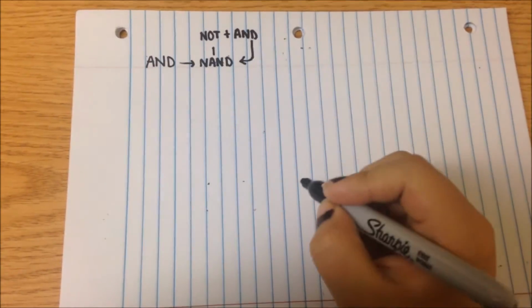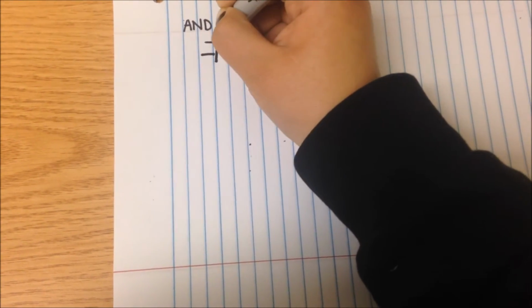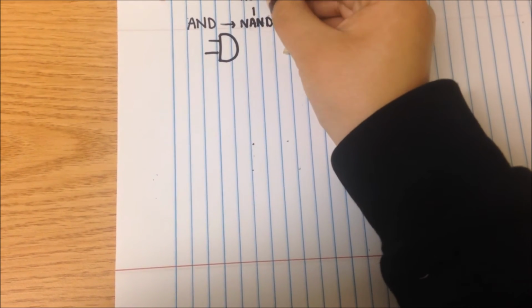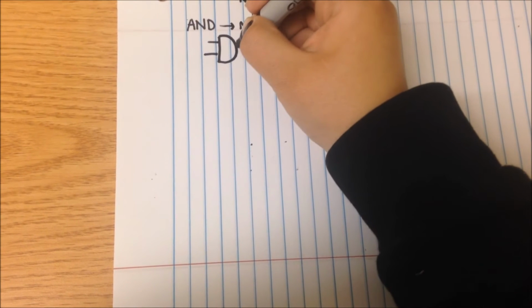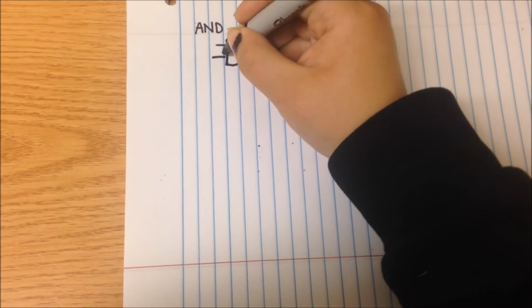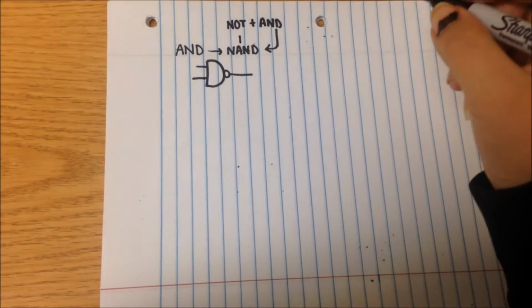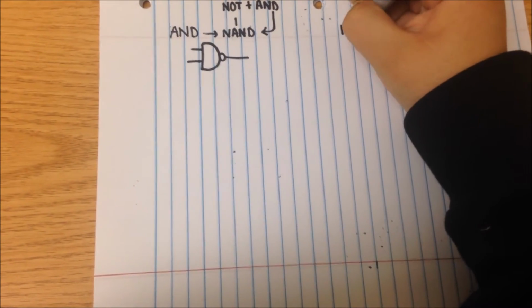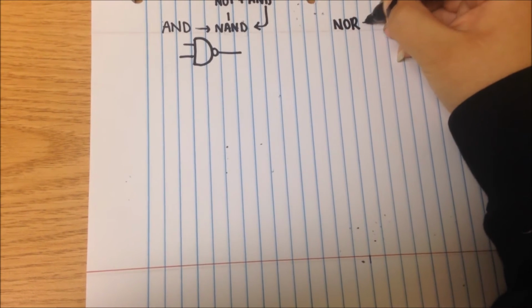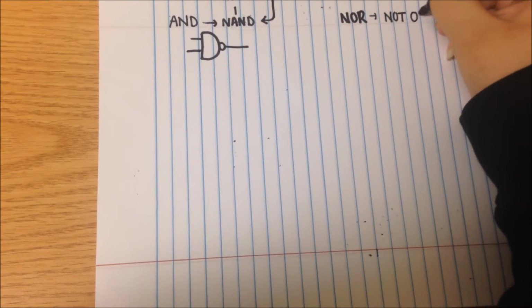So that's one way of looking at it. And your gate for that one is just this D, of course, since you would get AND. Now you've got to input the not part, so that's just this circle right here. And that is your NAND. And now your NOR is essentially just your not OR.